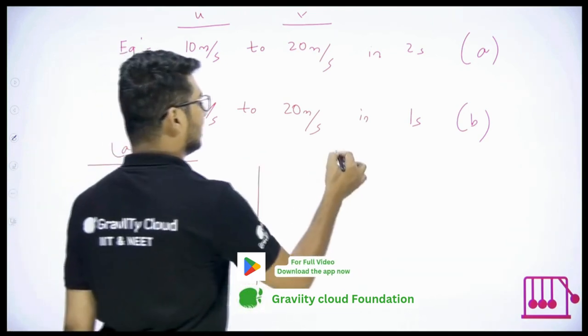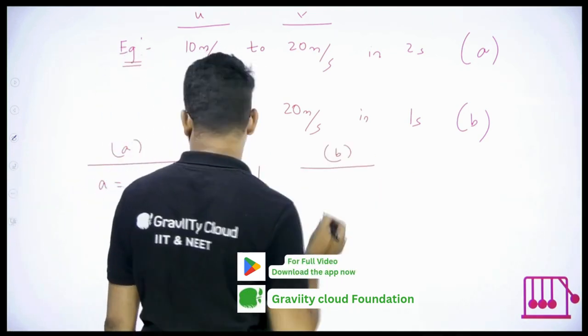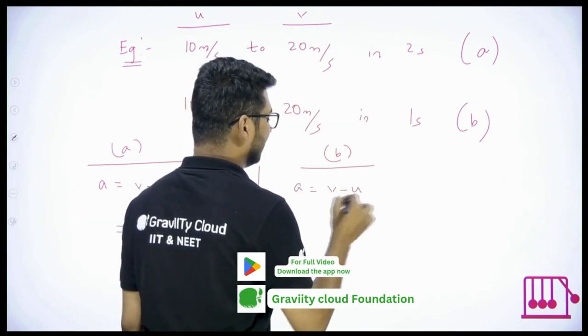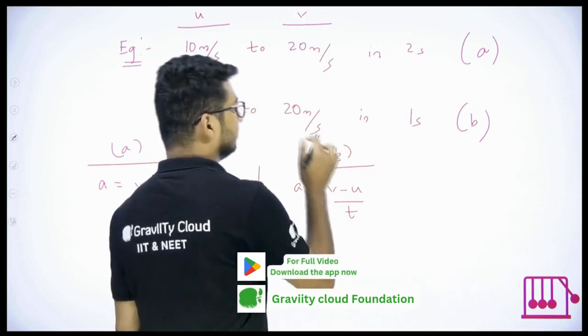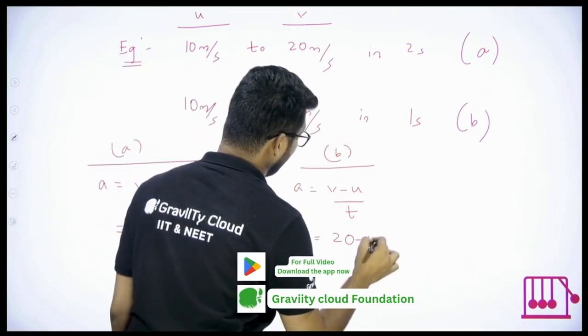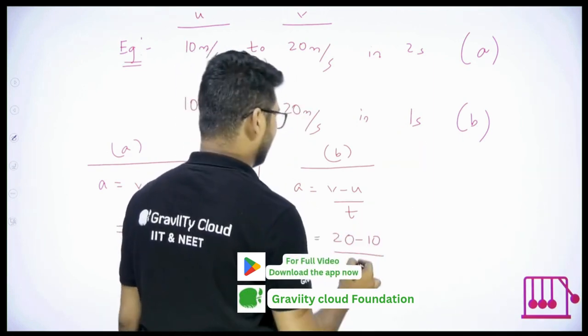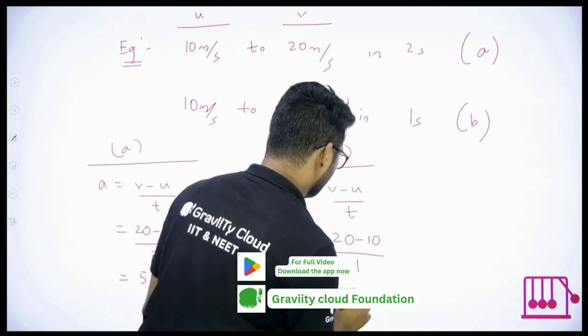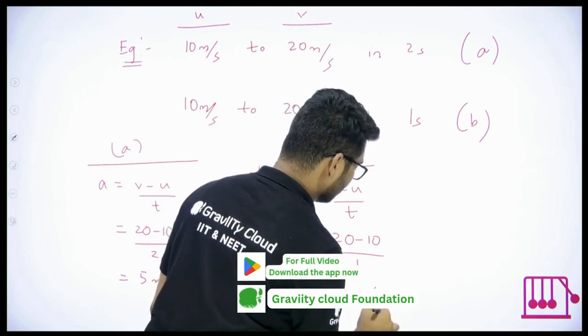Whereas in case B, a is equal to v minus u by t. What is v? 20. What is u? 10. 20 minus 10. But now what is time? Time is 1 second. Do you know what the answer will be here? It will be 10 meter per second square.